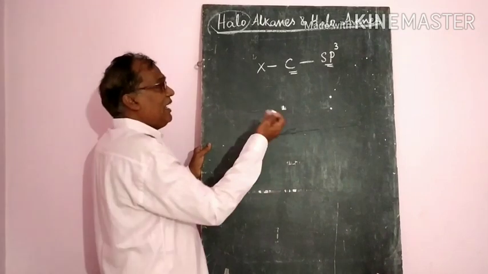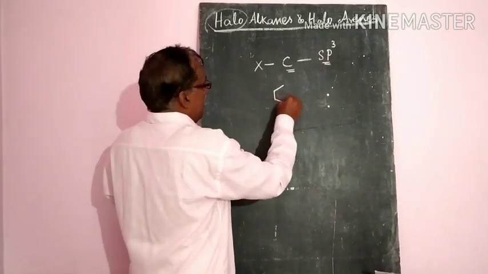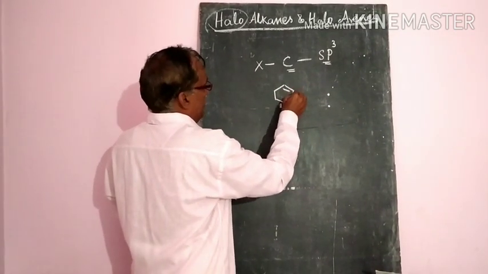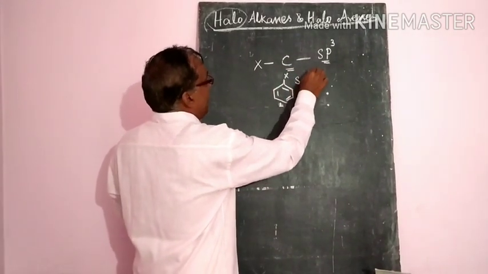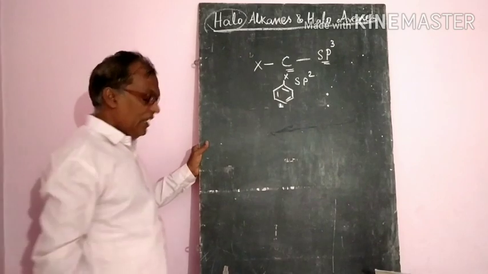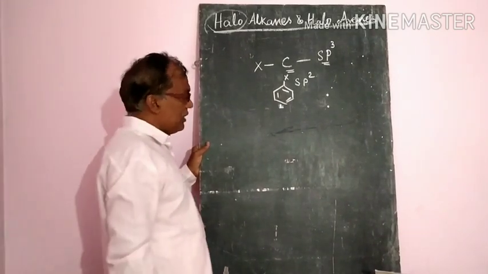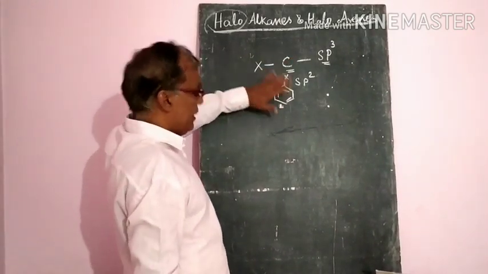But in haloarenes, the halogen atom is generally attached to an sp2 carbon atom. These are the two important things you should know.